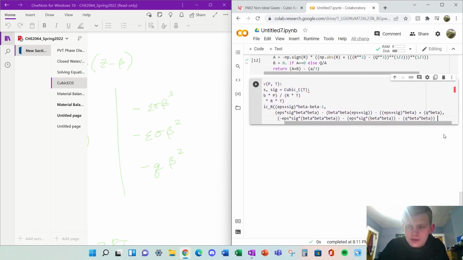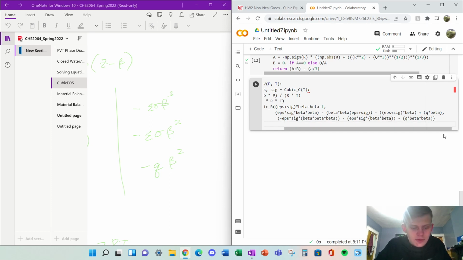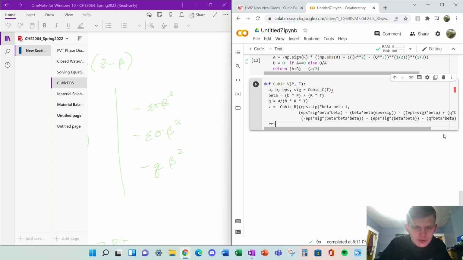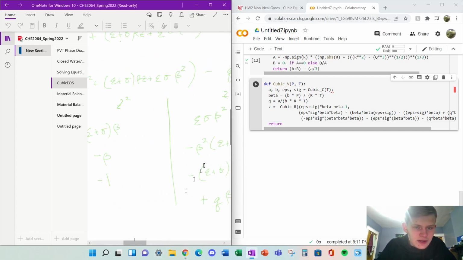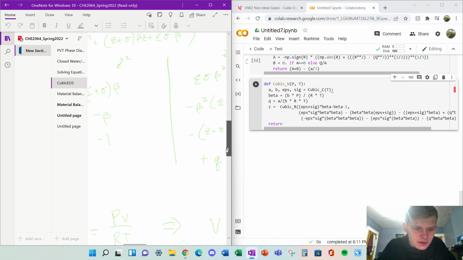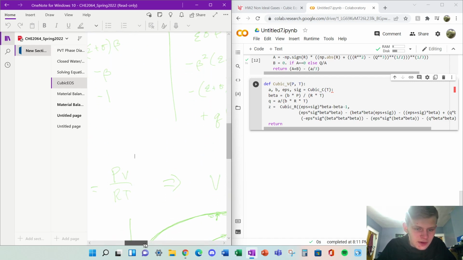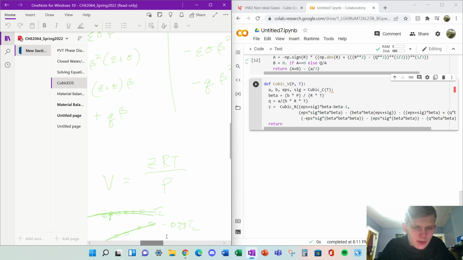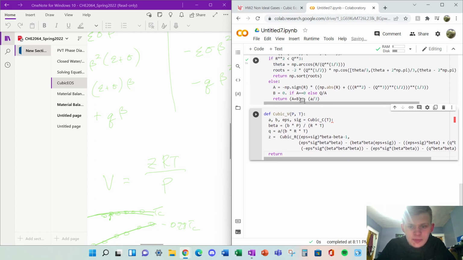And from here, we can then return our function. And since we're trying to find the volume of our SRK equation of state, we can then come back down here. Have it somewhere, there it is. And then we can return our function of z, gas constant, temperature, and pressure, since we have all of these parameters being put in right now.